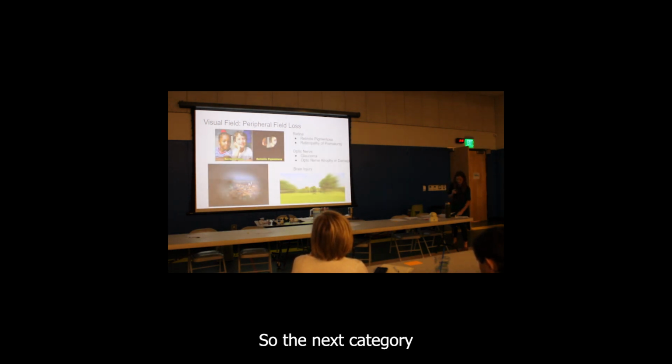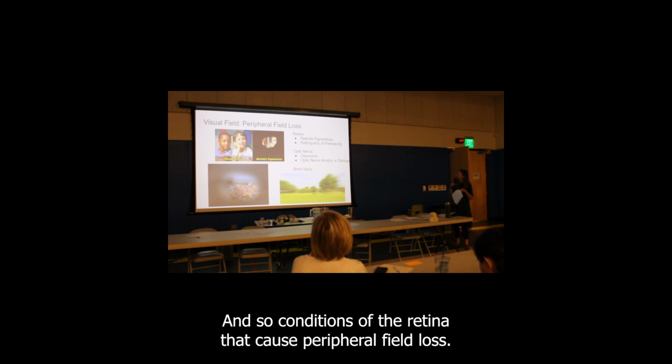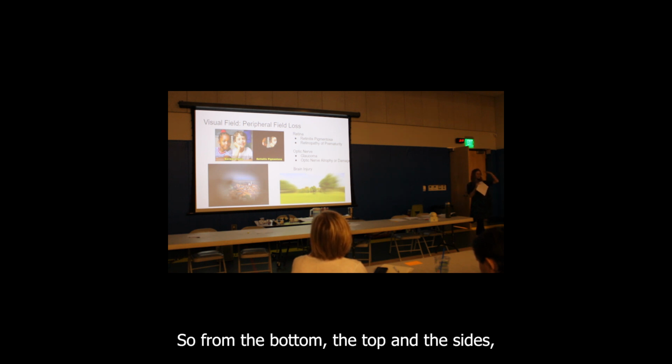So the next category of field loss we'll talk about is peripheral field loss. And so conditions of the retina that cause peripheral field loss, so that's the visual information from around the central vision, from the bottom, the top, and the sides.